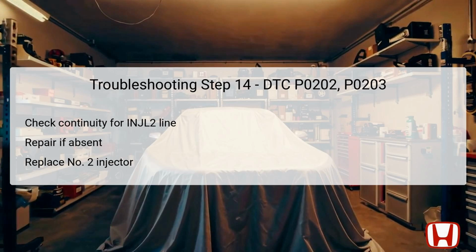However, if continuity is absent, you will need to repair the open wire. If the line checks out, it's recommended to replace the number 2 injector to resolve the initial DTC issue.